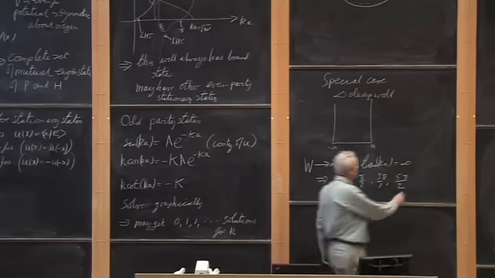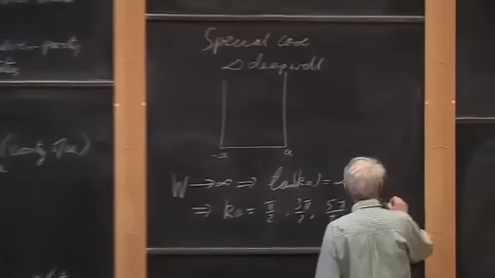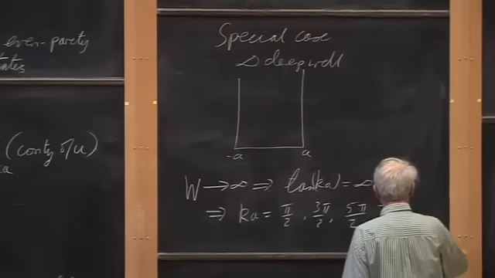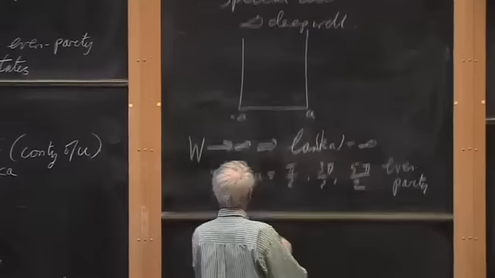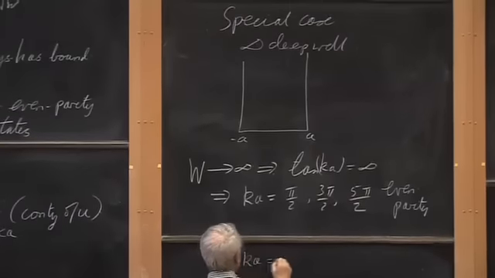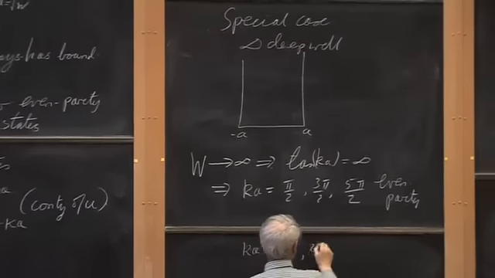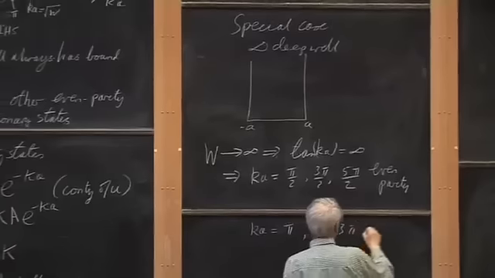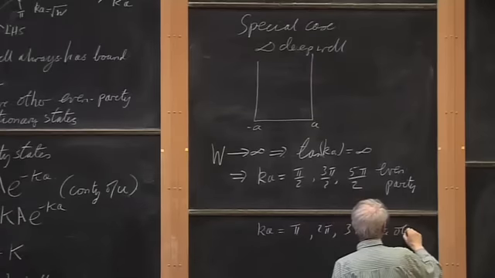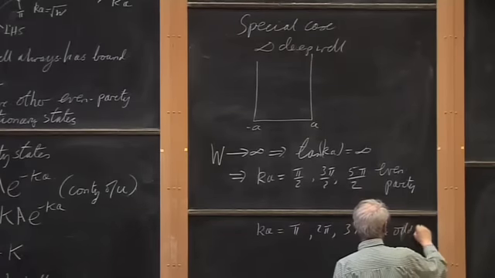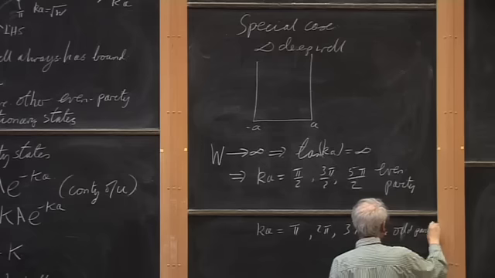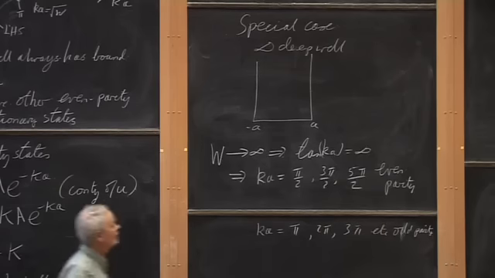So these are the even parity states, and then we will find that Ka is equal to pi, 2 pi, 3 pi, etc. for the odd parity states. So the infinitely deep well will have an infinite number of solutions.